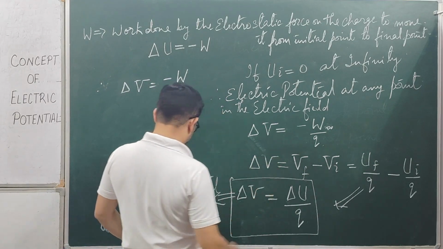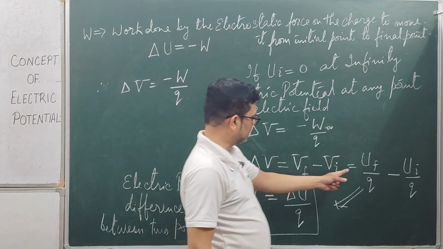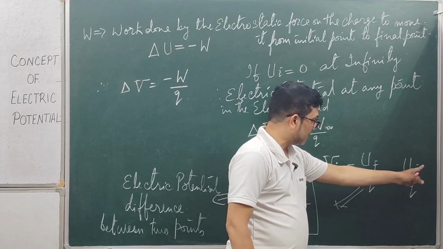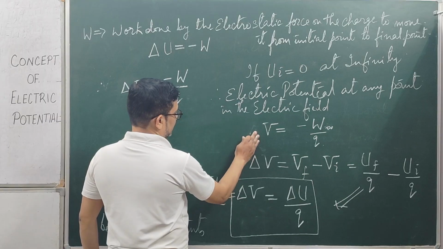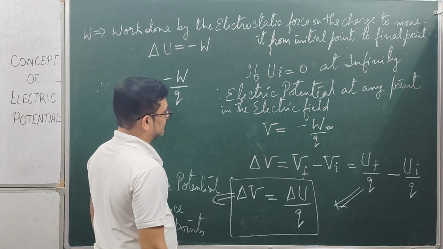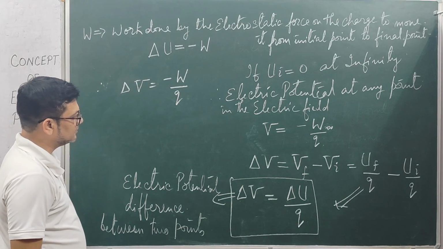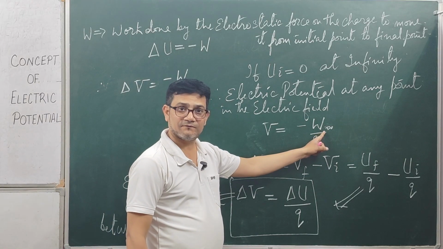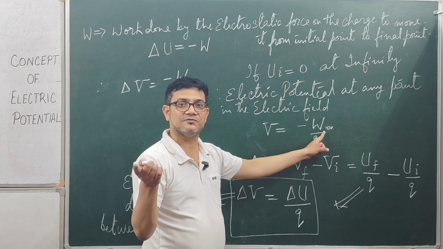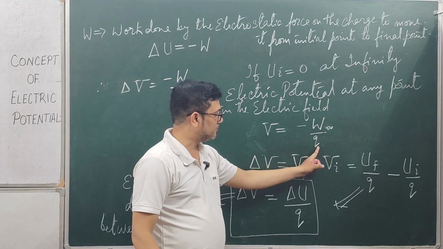Since Vi is going to be 0, we can write that the electric potential at any point in the electric field is the negative of the work done by the electric field in moving the charge from infinity to that point, so work done per unit charge.